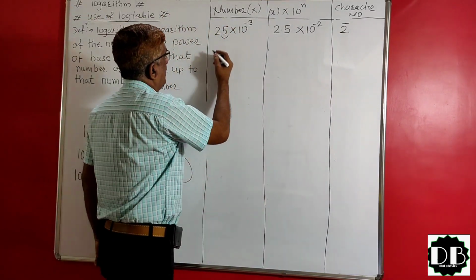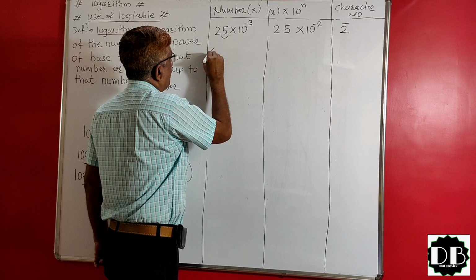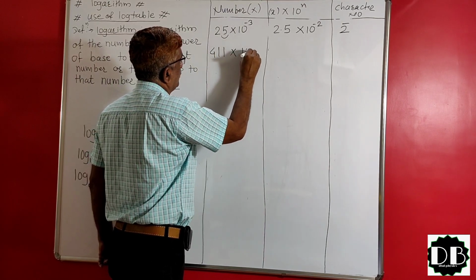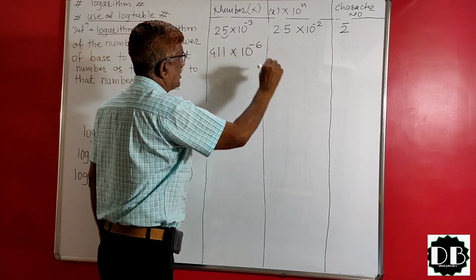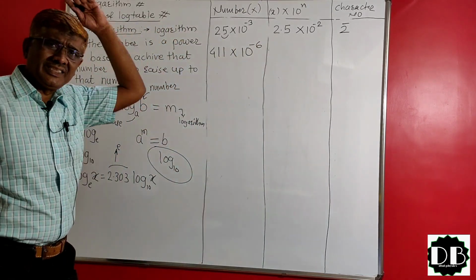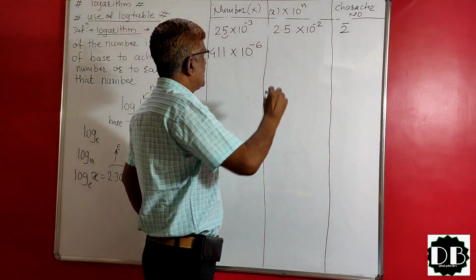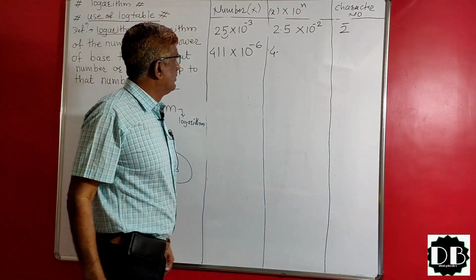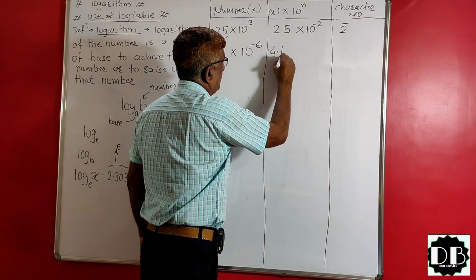We have the number 411 into 10 raised to minus 6. We convert this number such that the decimal point is after a single digit. 4, 1, 1.